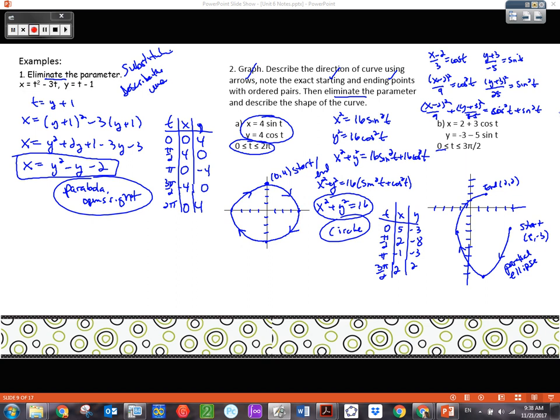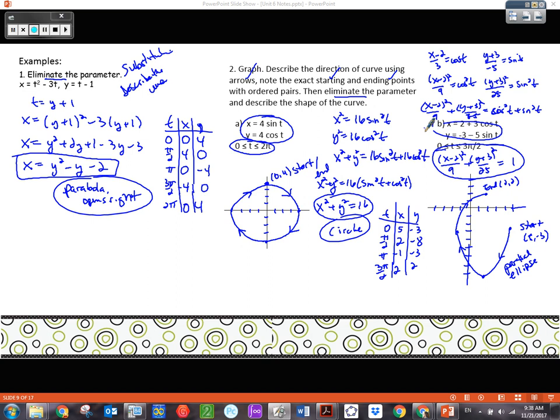That looks like a rectangular ellipse equation, right? Ones that we're familiar with. That's exactly what that is. So my equation would be x minus 2 squared over 9 plus y plus 3 squared over 25 equals 1. So that's what an ellipse looks like in rectangular form. This is what an ellipse looks like in parametric form.